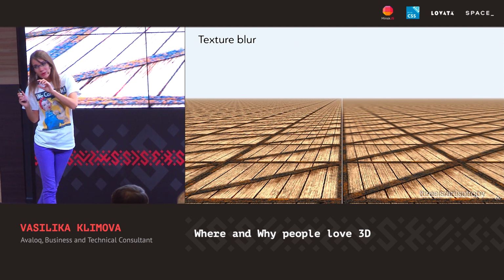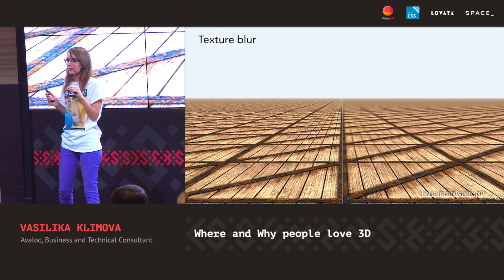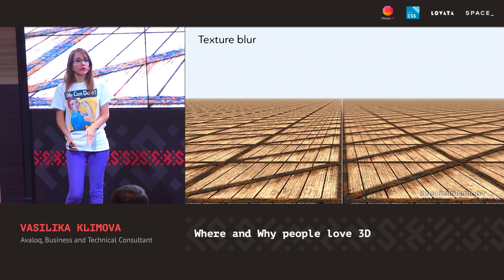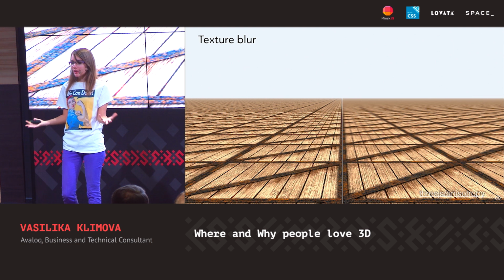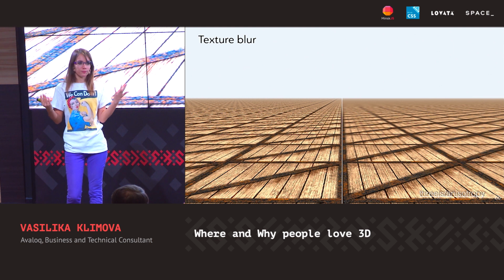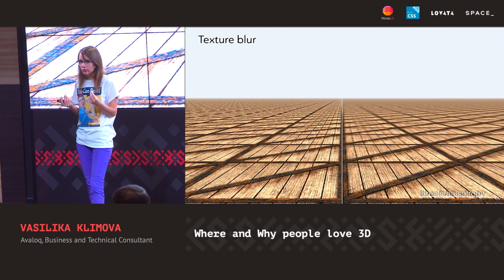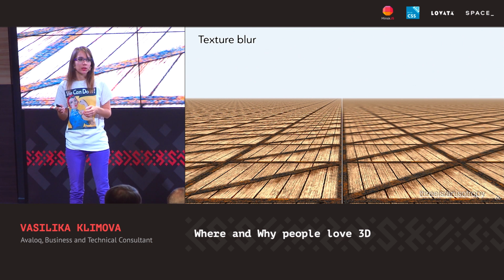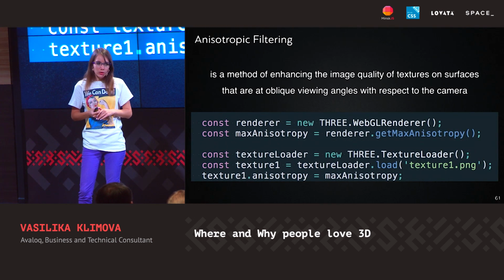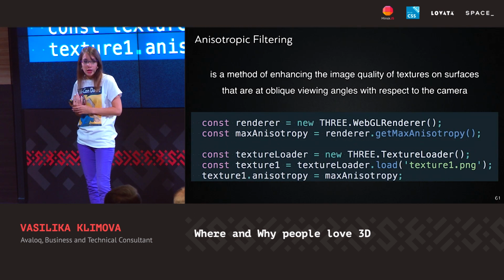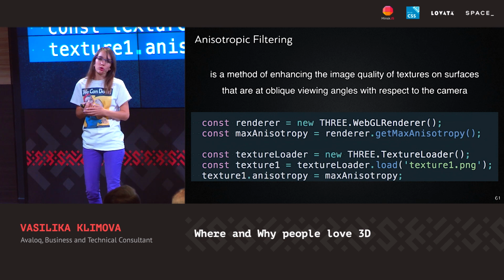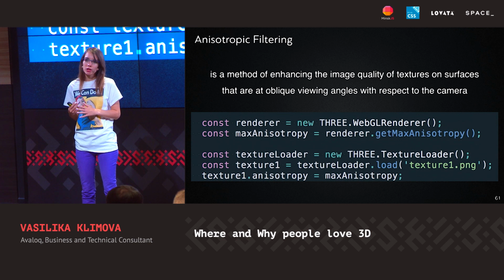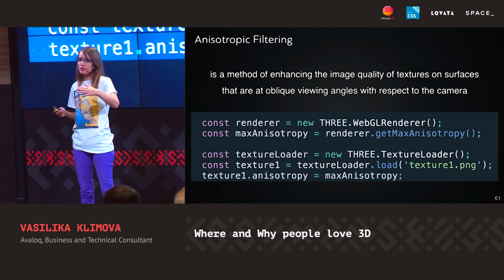The last small note you can use in your websites: if you already started to draw something and you don't understand why your texture is blurring, then you need to use getMaxAnisotropy, a method from the library which can make your objects look right at different angles.